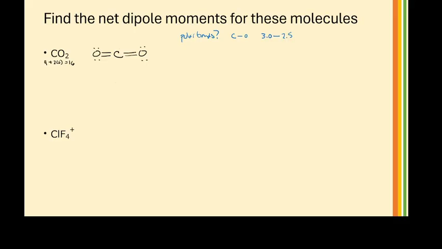I think oxygen is 3.5. Equals 1.0, so yes, polar. Note that both of these would be polar, 1.0. So since I do have polar bonds, I'm just going to write them down so I know later if I have to evaluate, are they identically polar? I have the numbers available for myself.